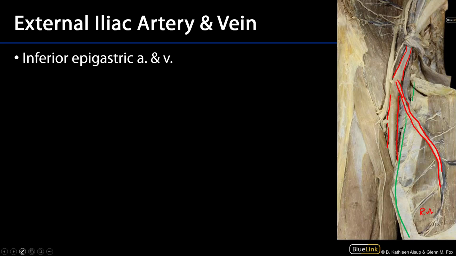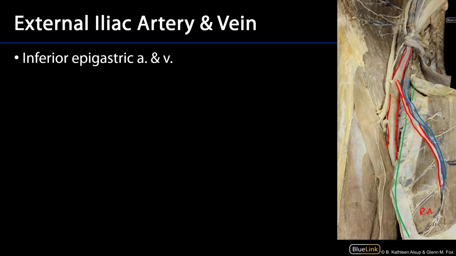We can also see the inferior epigastric vein coming from the external iliac vein. We can see that here, draining that muscle.